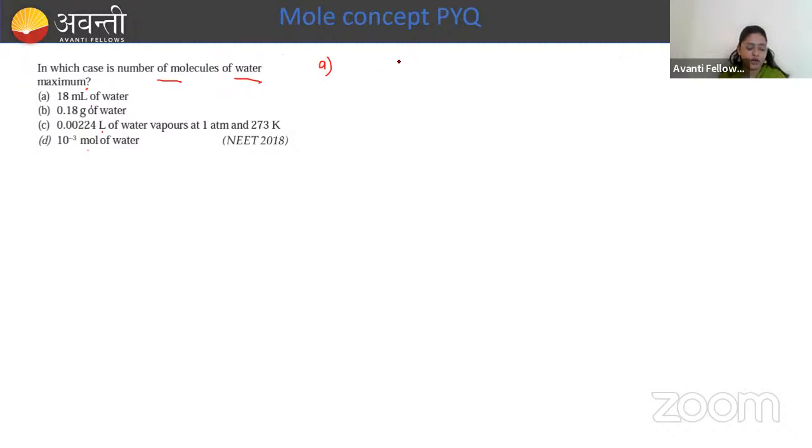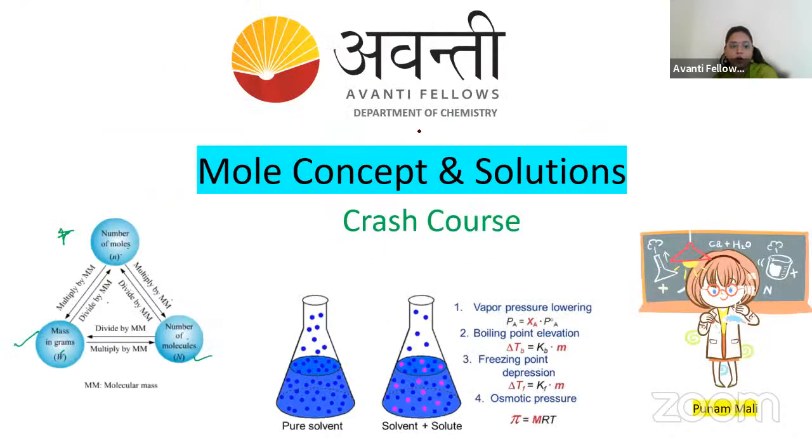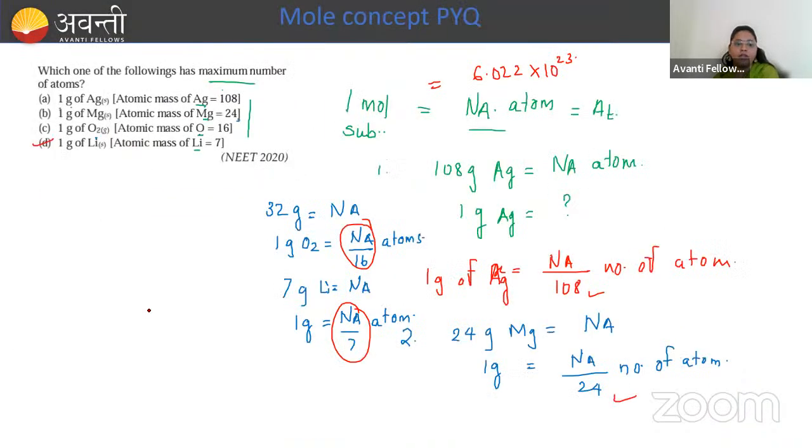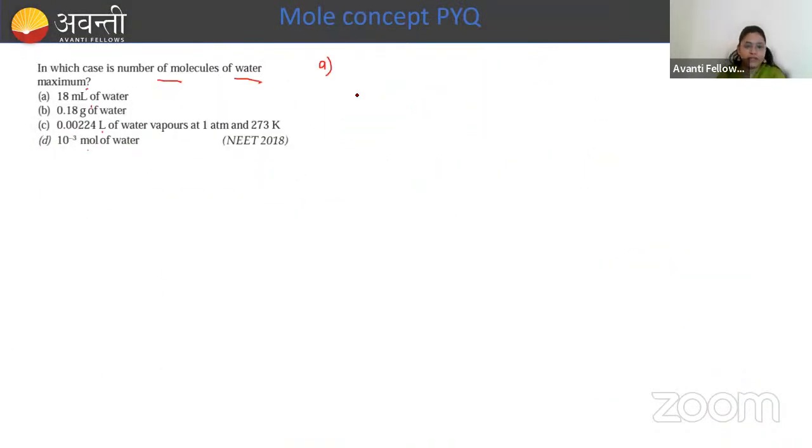So what is the formula for the number of molecules? To calculate the number of molecules, we have to divide the weight by molecular weight to get moles. Here, volume is given, that is 18 ml.